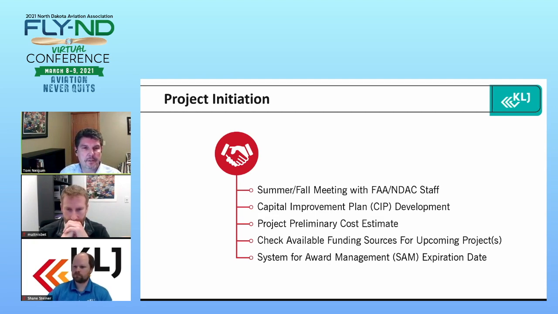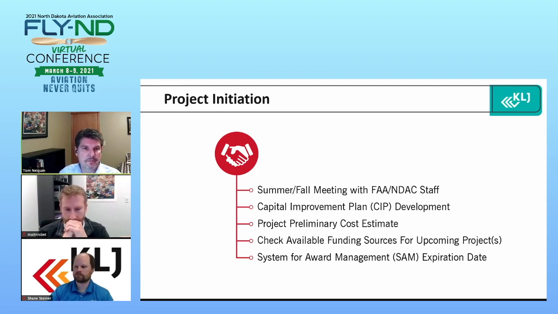So you'll look at your capital improvement plan development. With that, you're looking at the CIP in the short term, that's 1 to 3 years out, and then also the long term too. But the focus of the project initiation is going to be distilling that and drilling it down into what you're going to do next year for a project.